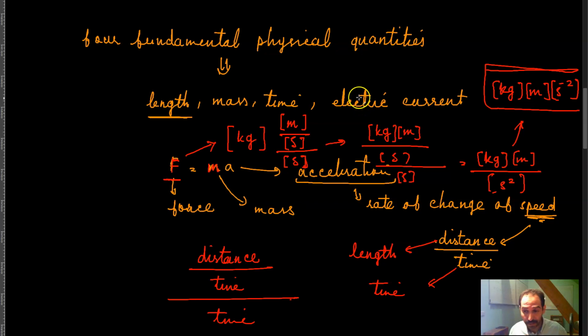But based on what we are doing in this part of the text, we do not need those 3 units yet. Once we use them, we will introduce them in the text. So for now, you can simply assume that there are only 4 fundamental physical quantities: length, mass, time, and electric current.